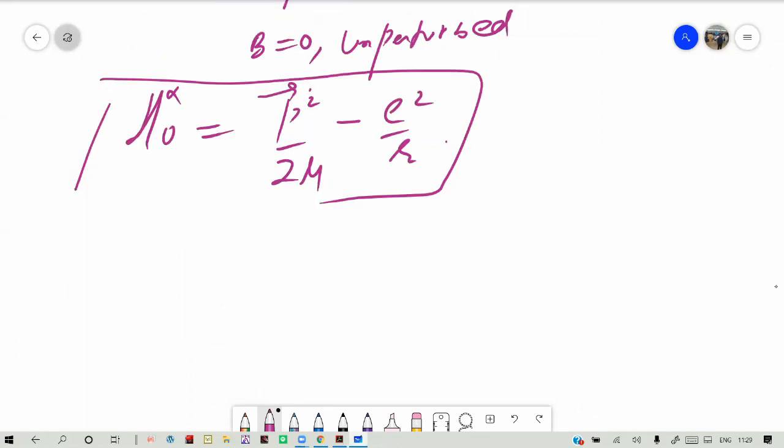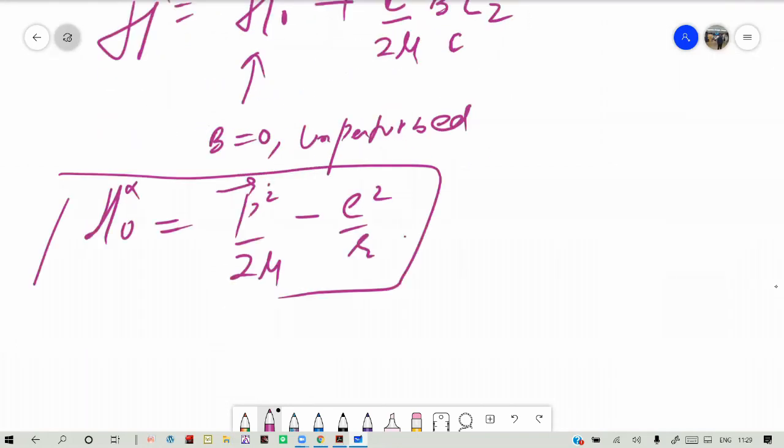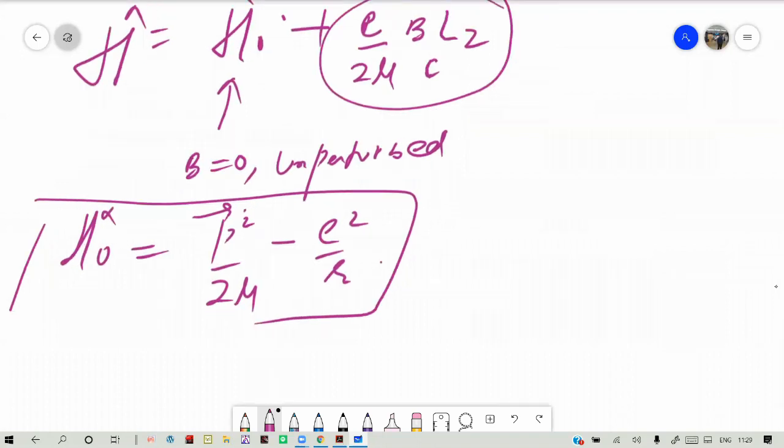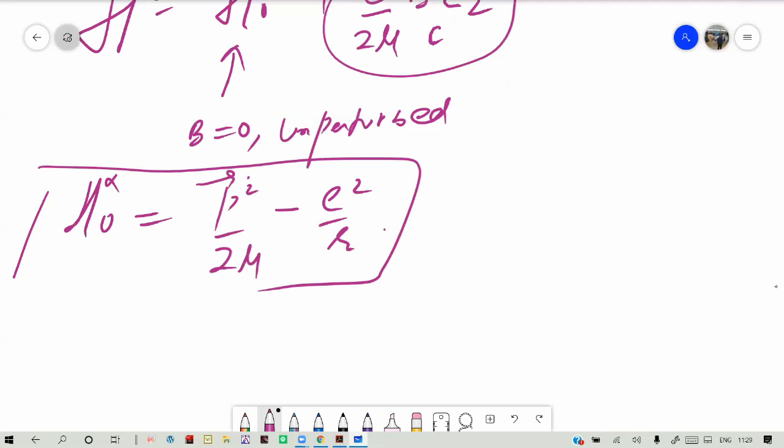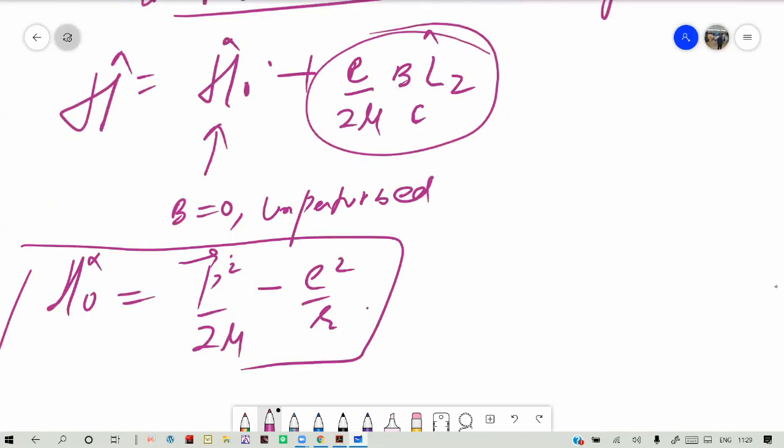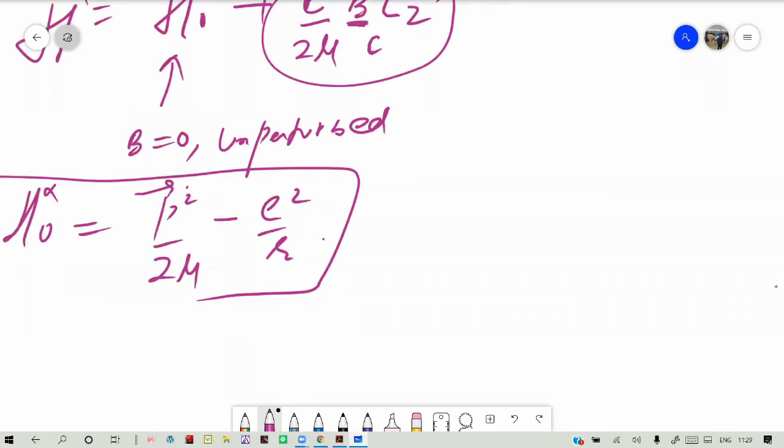If we take that interaction term, this is the interaction between the external field B and the orbital magnetic moment, the Lz component of the orbital motion of the electron.